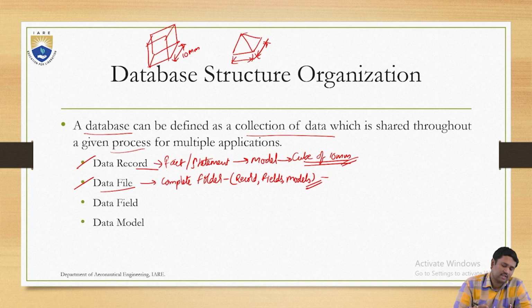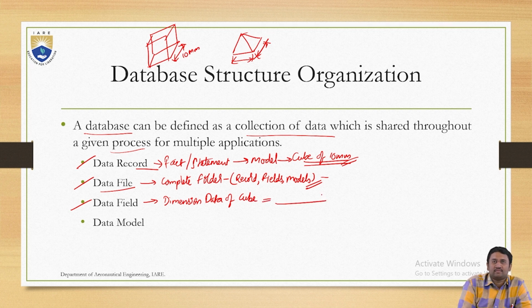Now coming to field, let's say under data field, for example, the same example, the 10 mm cube we considered earlier. The dimension data of the cube is equal to a small blank, right? Now this blank is basically your field.